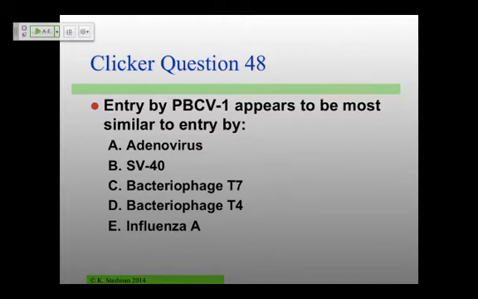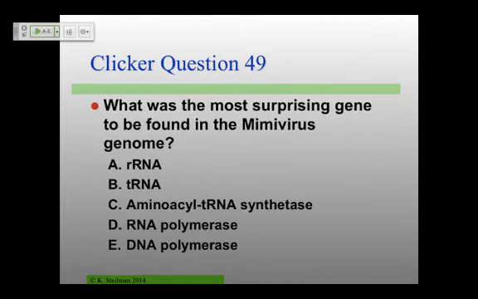What was the most surprising gene to be found in the mimivirus genome? Ribosomal RNA, tRNA, amino-acyl tRNA synthetase, RNA polymerase, DNA polymerase. So everybody yell out what they think is right.